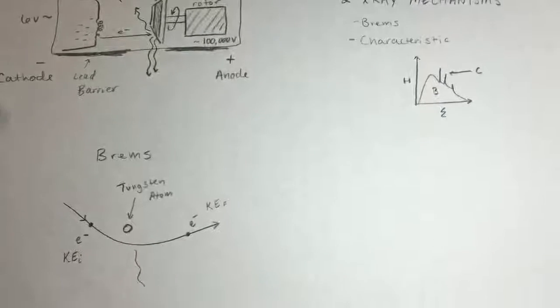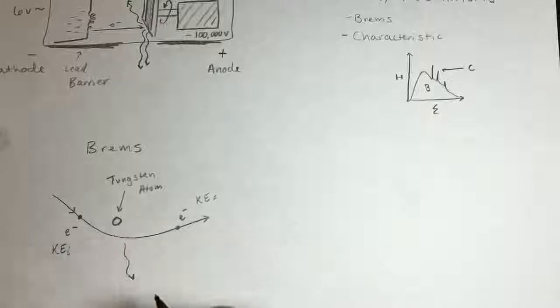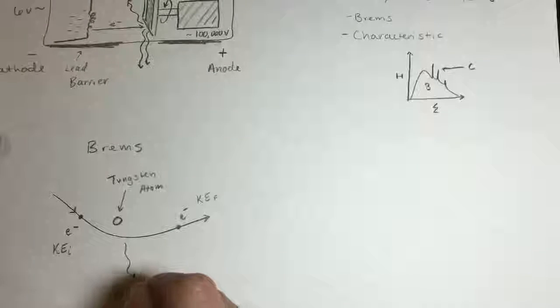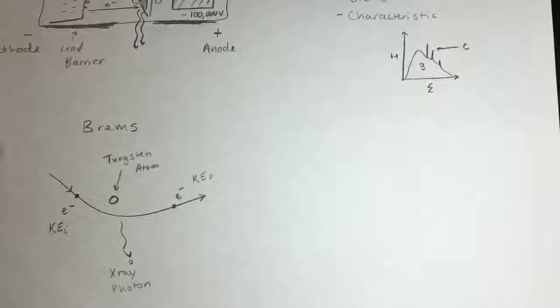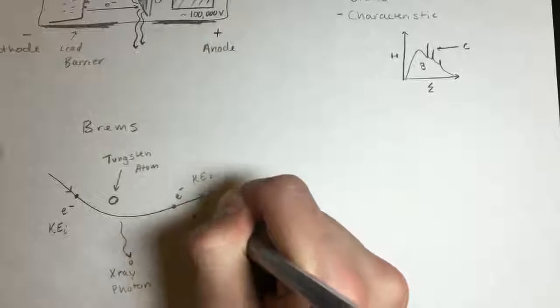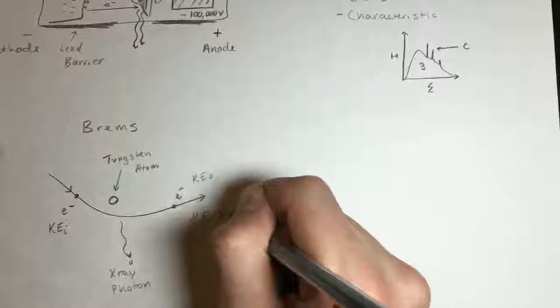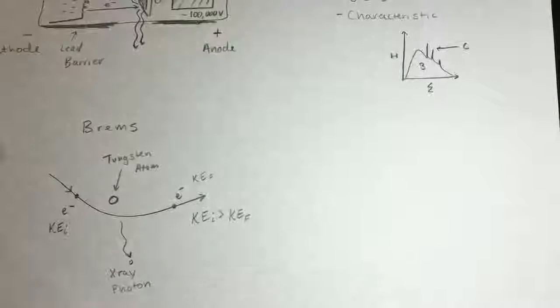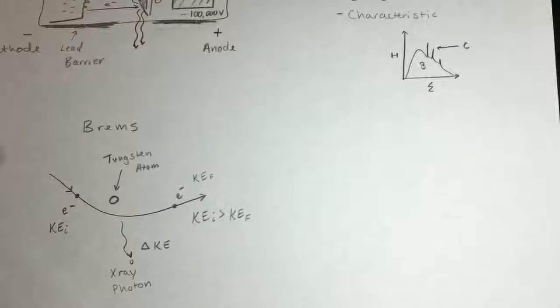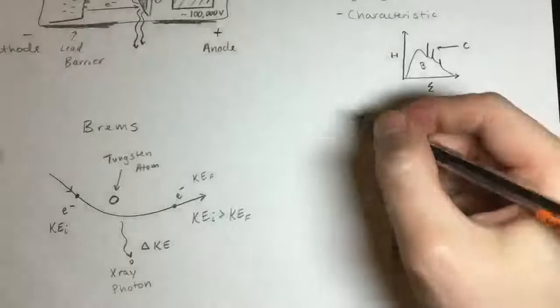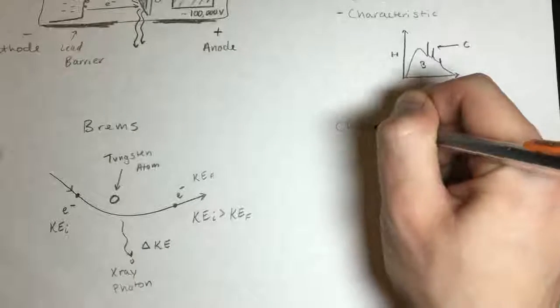So before it bends, it has an initial kinetic energy, and then after it bends, it has a final kinetic energy. And as it bends around that, it's slowing down when it turns. So it's losing that kinetic energy. So we know the initial kinetic energy is greater than the final kinetic energy. And that difference in kinetic energy is proportional to the energy of the X-ray that's produced.